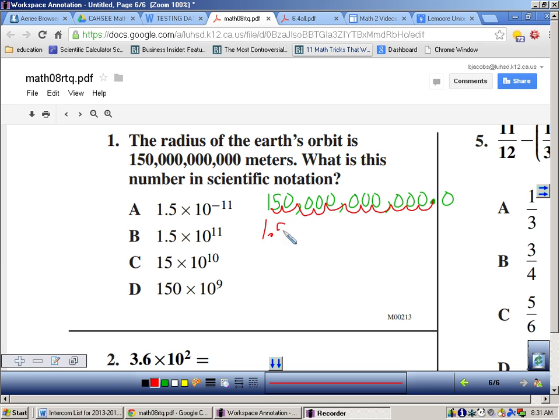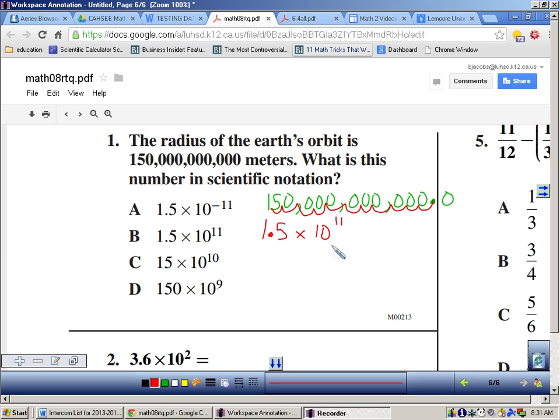That's my number between 1 and 10. Then you count the number of spaces that you moved the decimal: 3, 6, 9, 10, 11 spots. And that number 11 becomes the second half of your scientific number, times 10 to the 11th power.